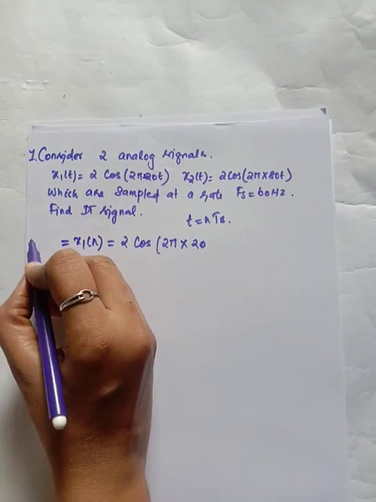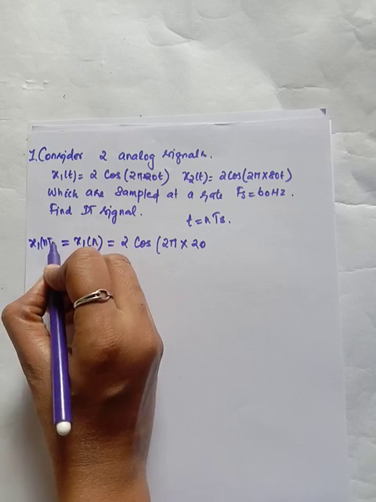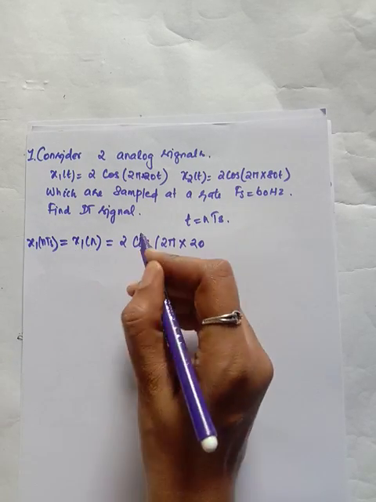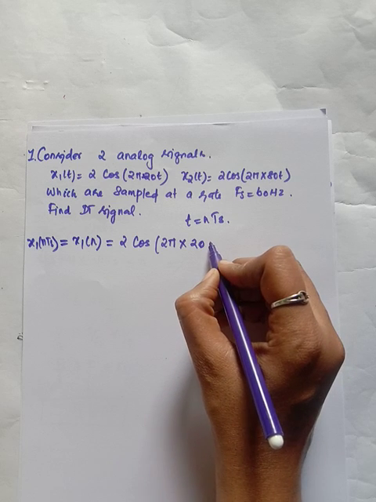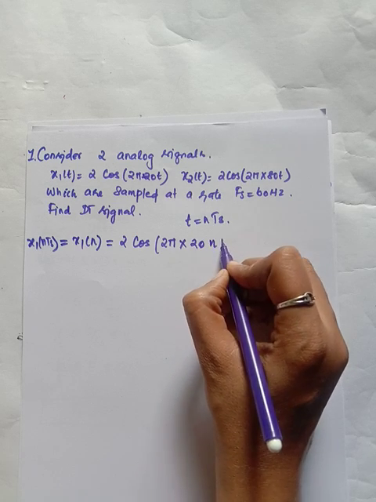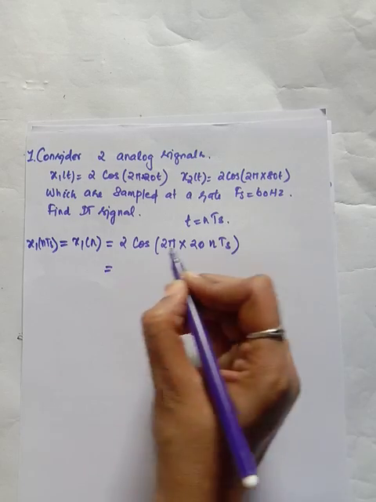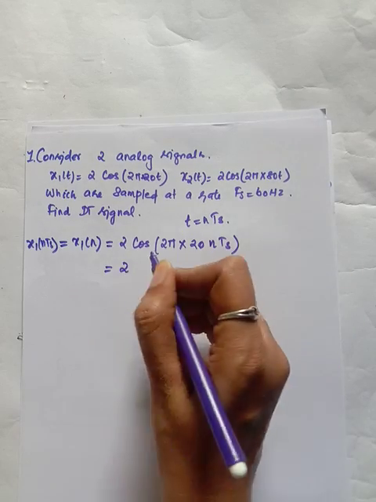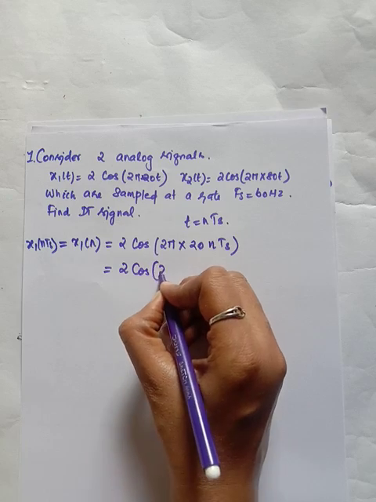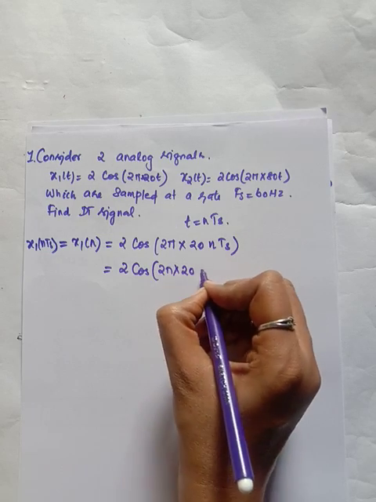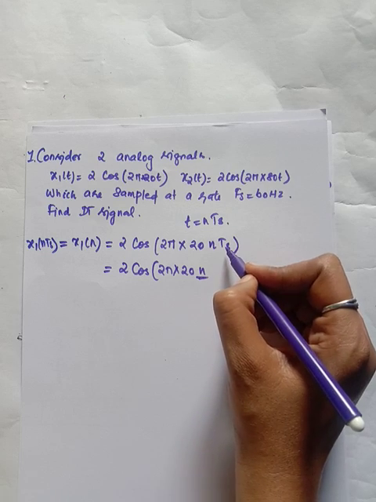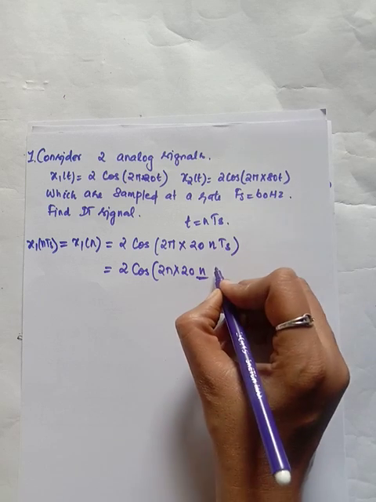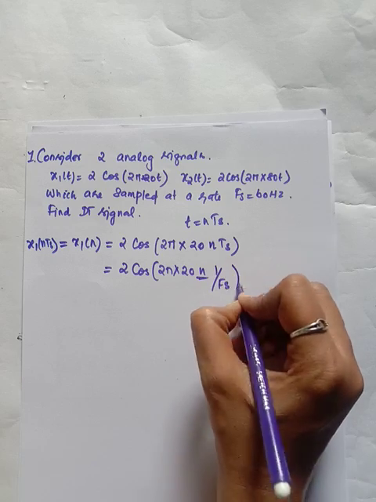This can be written as x1 of nTs, which is nothing but x1 of n. So 2 cos 2 pi 20, and instead of t I am going to write n into Ts. Now this signal is converted into a discrete time signal, 2 cos 2 pi into 20 n. Here n comes, so it is discrete time. But here we are not having Ts, we only have Fs, so Ts can be written as 1 by Fs.